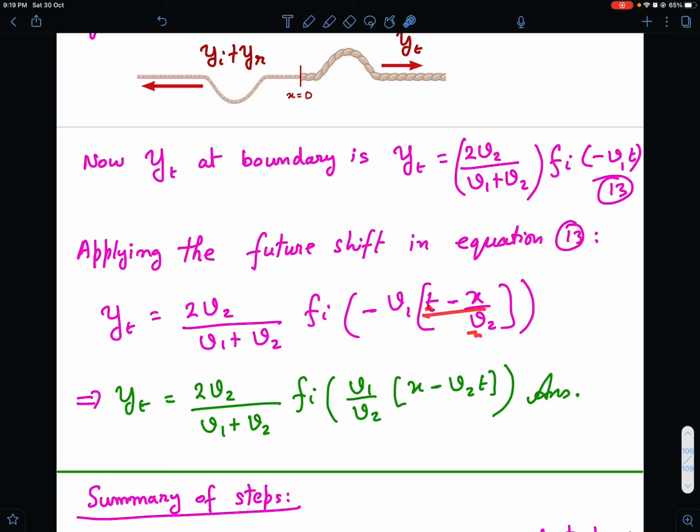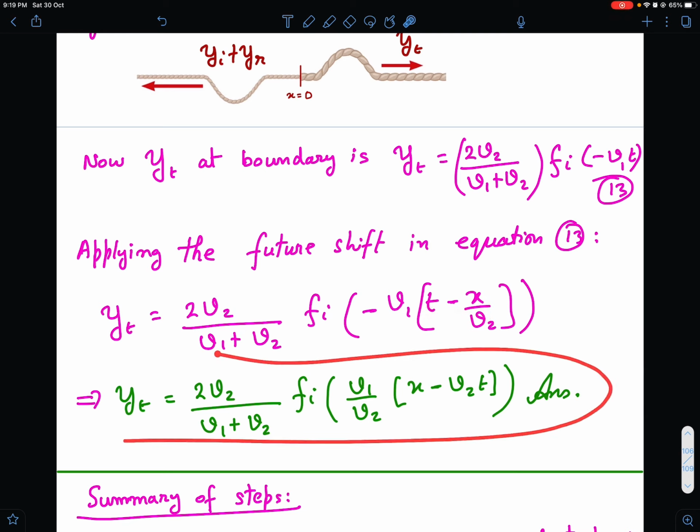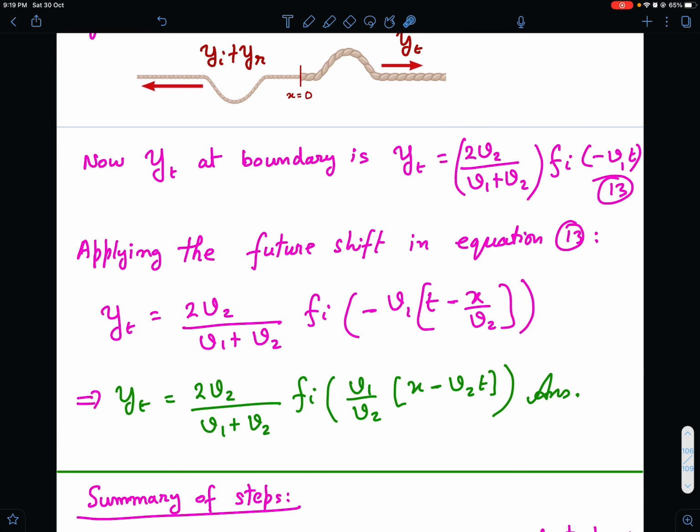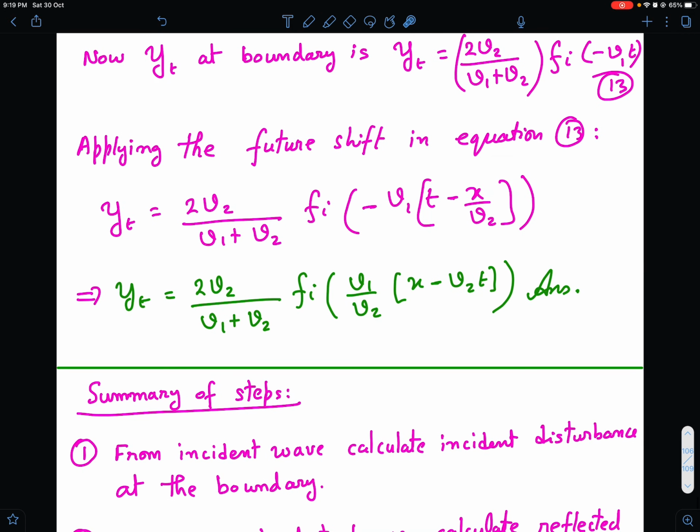And now again I can take 1 by v2. You take the LCM, so v2 t minus x it becomes, and you take the minus sign inside and put v1 by v2 outside. So what do you get for transmitted disturbance? This is the transmitted disturbance, that is 2v2 upon (v1 plus v2) times f incident of v1 by v2 into (x minus v2t). Okay, so this is our answer to the original problem that I had stated in the beginning.